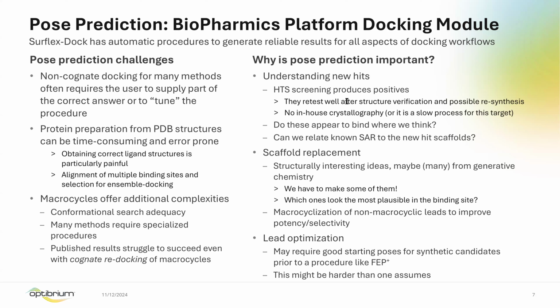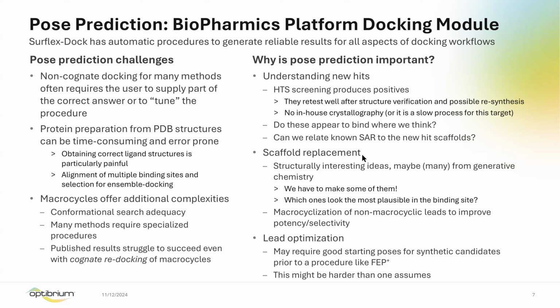You go ahead and do retesting, you do structure verification, resynthesis, and so okay, we have some real hits here. Maybe you don't have crystallography in-house or it's slow for a particular target. You want to know whether the new hits actually bind where you think they do, and whether you can, say, take advantage of structure-activity relationships from previously published data or from patents, and maybe apply that to your new scaffolds and really get the jump on hit to lead and lead optimization after that.